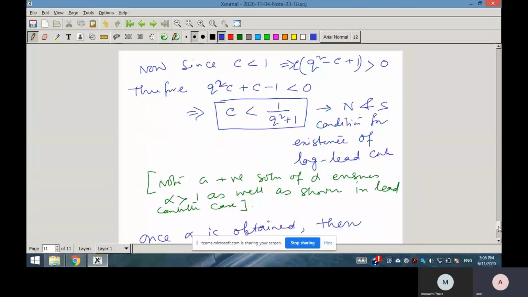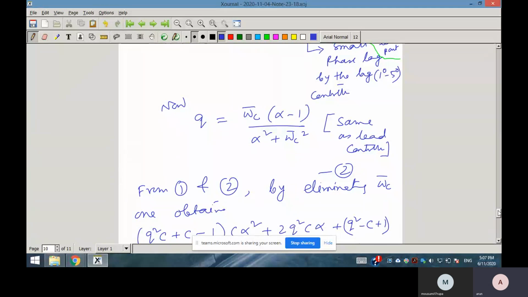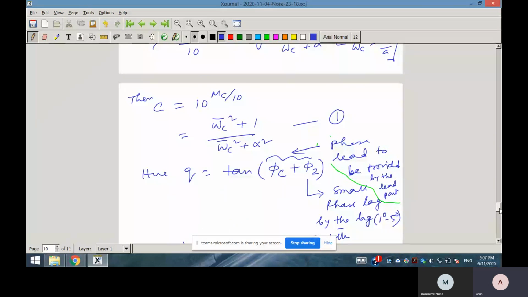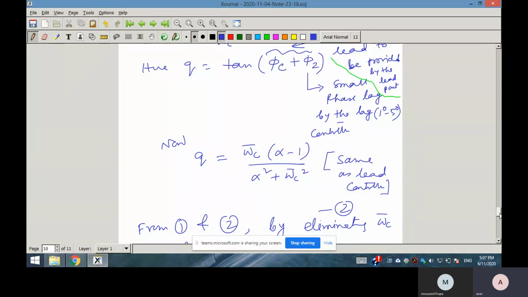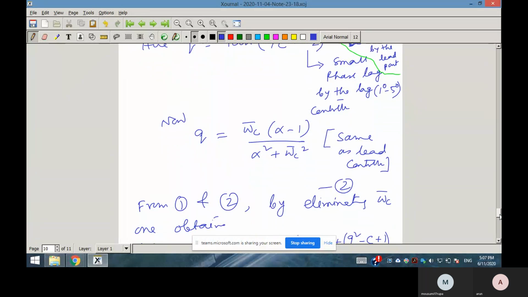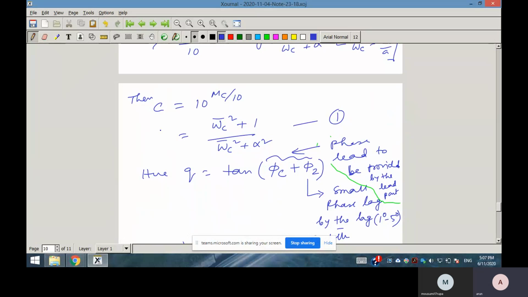Now one thing you see from this equation: where is omega c bar? Omega c bar we have assumed as omega c by a. So what is the relation between c and this one? From here you just see omega c square.